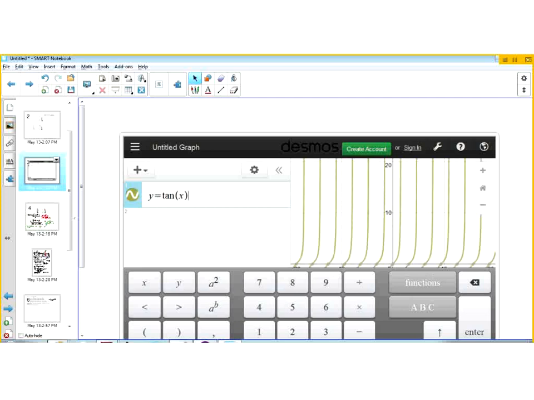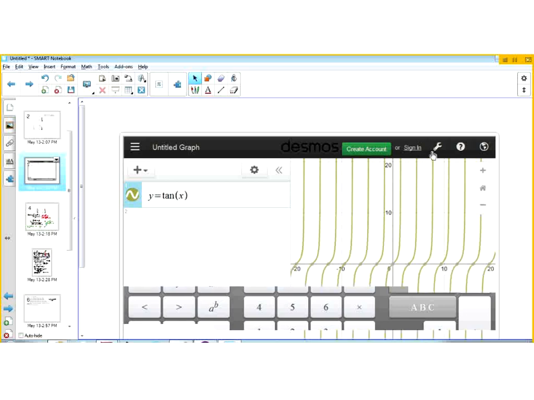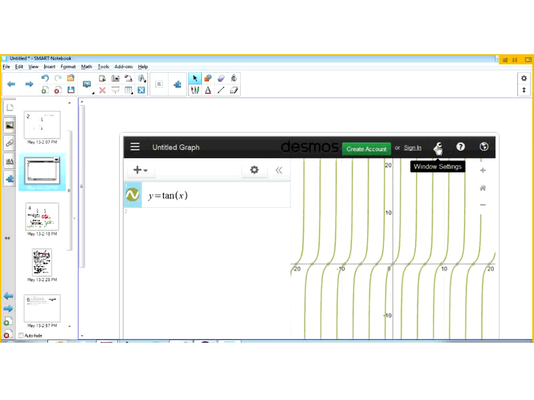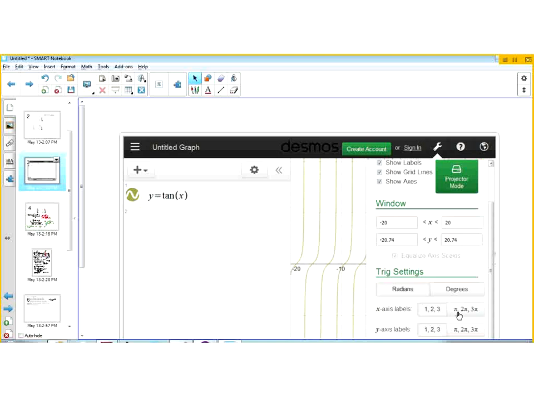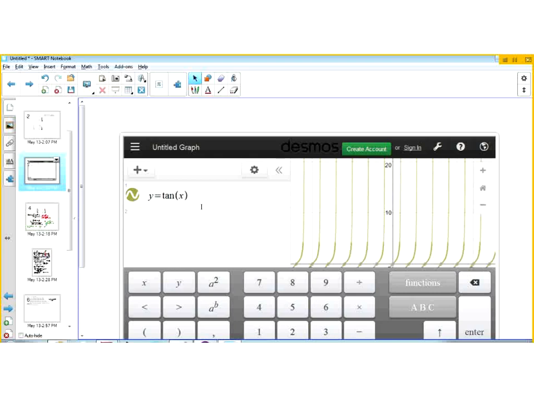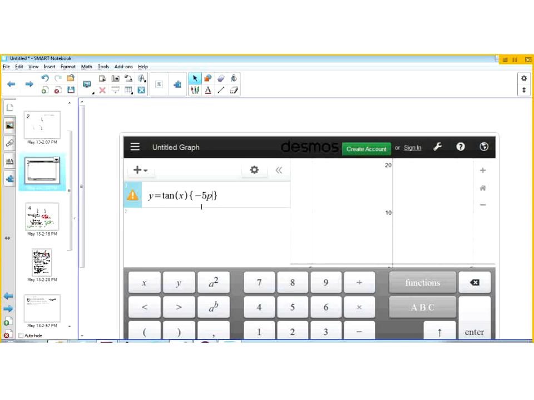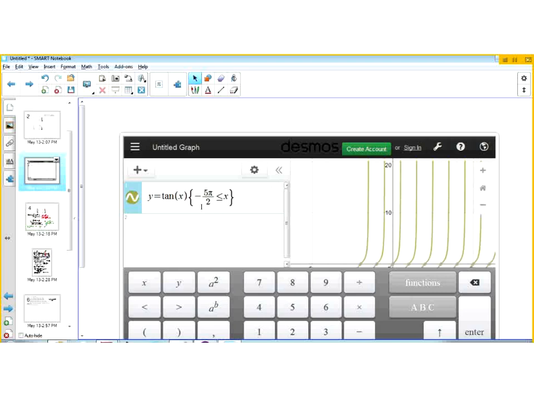Let me set my window properties so that the x-axis is in terms of pi: negative 5 pi over 2 less than or equal to x less than or equal to 5 pi over 2. So let's plot the tan function on this interval.